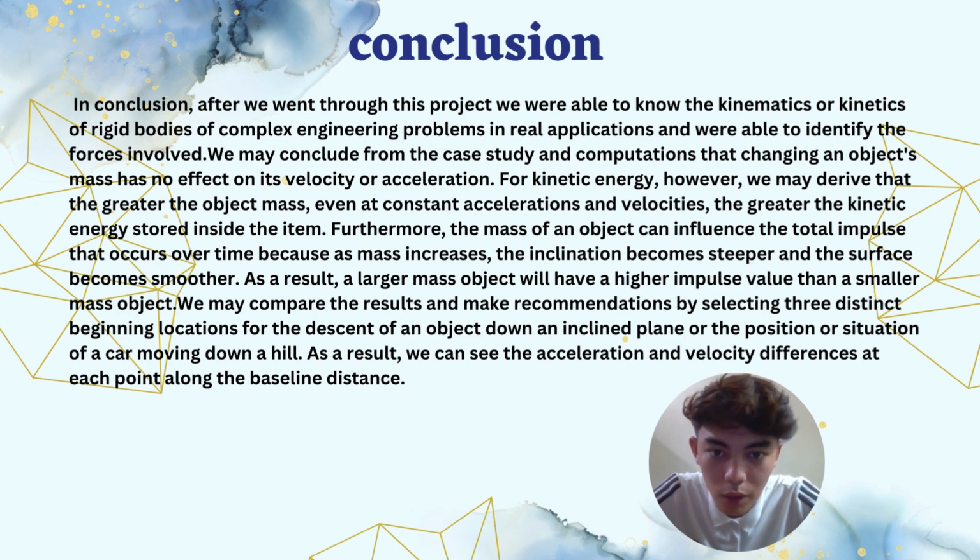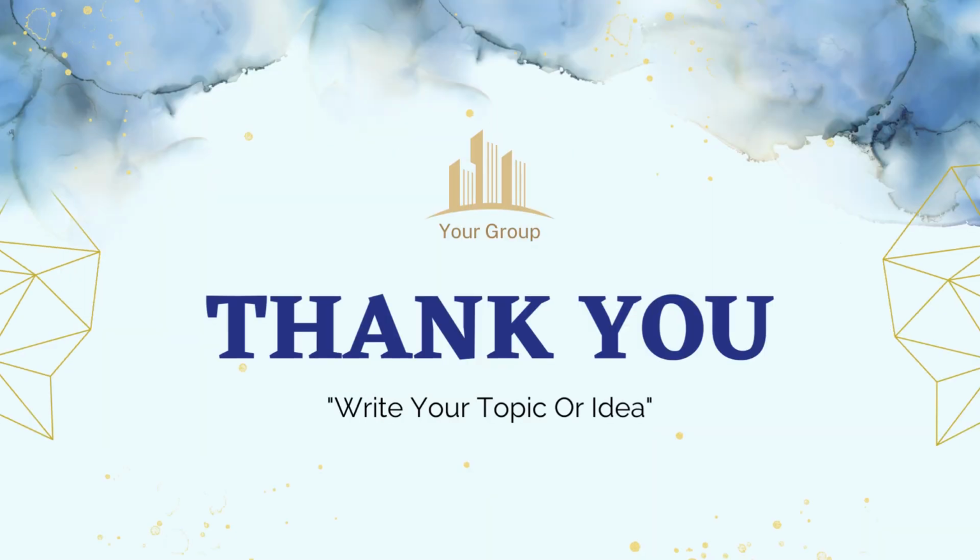We may compare the results and make recommendations by setting three distinct beginning locations for the distance of an object down an inclined plane, or the position or situation of a car moving down a hill. As a result, we can see the acceleration and velocity difference at each point along the baseline distance.